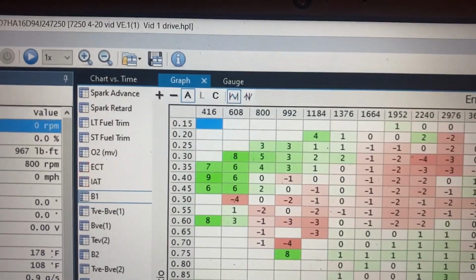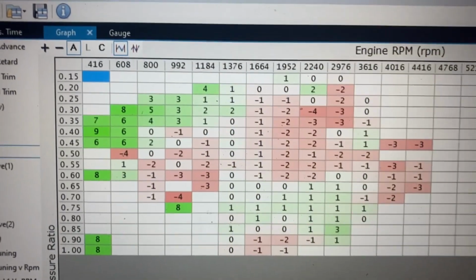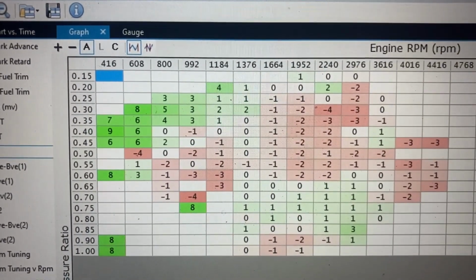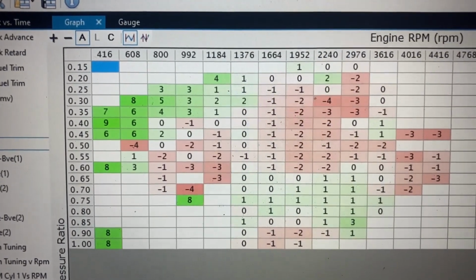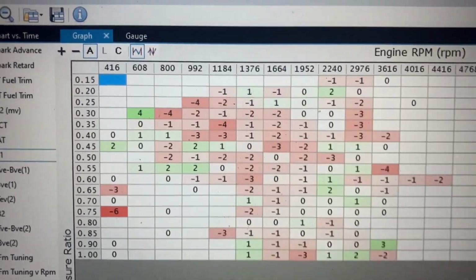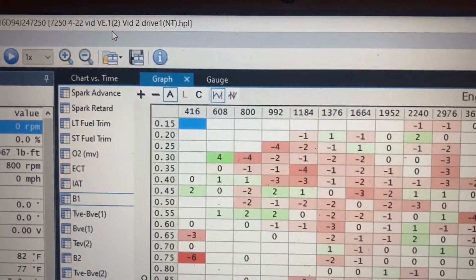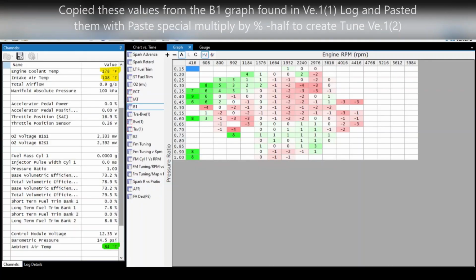number 1. Called it VE1 parenthesis 1. Did another 40 some odd minute drive, and then took that information, copy and pasted it over to create VE1 parenthesis 2.